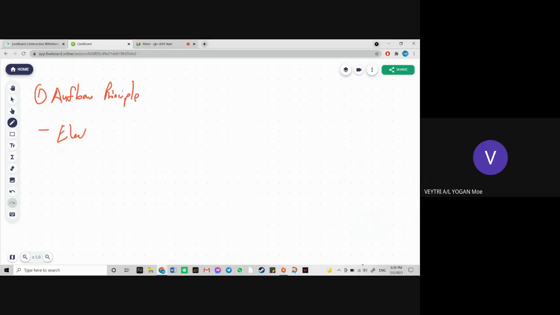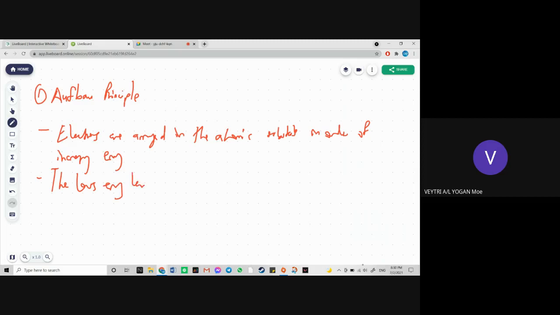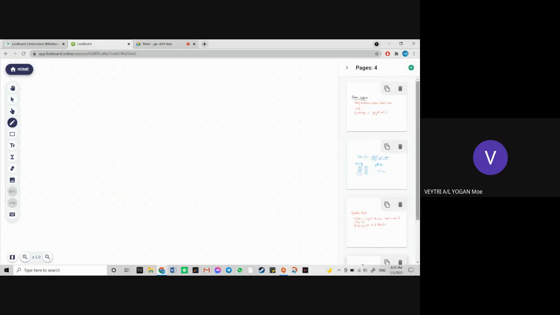It states that electrons are arranged in the atomic orbitals in order of increasing energy. The lowest energy levels will be filled first. Let me repeat it: electrons are arranged in the atomic orbitals in order of increasing energy, and the lowest energy levels will be filled first. So basically, the Aufbau principle means you have to follow this arrangement.